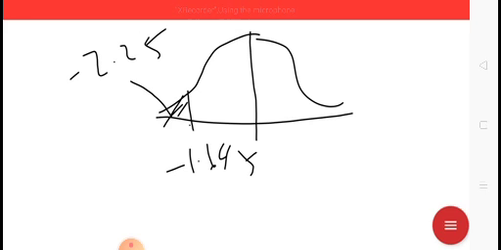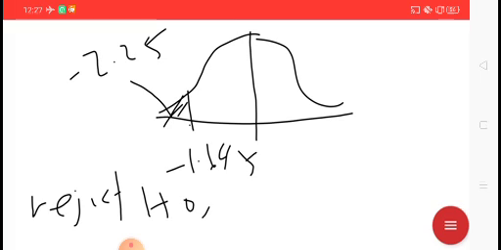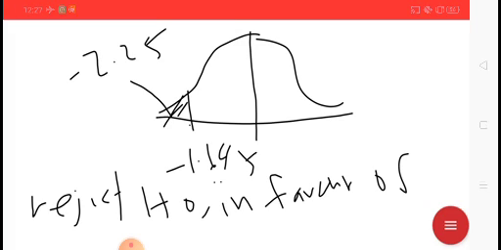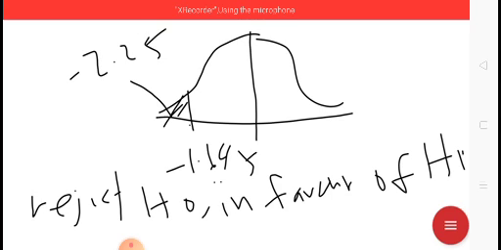So you can say reject H naught because this is in the critical region, in favor of H1. This one you write first. This is not according to context. This is a general statement.